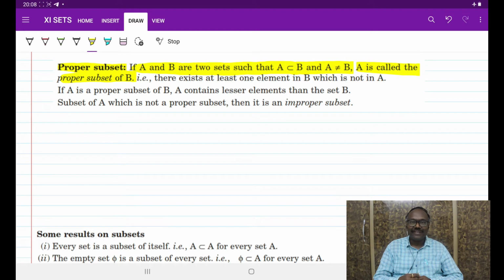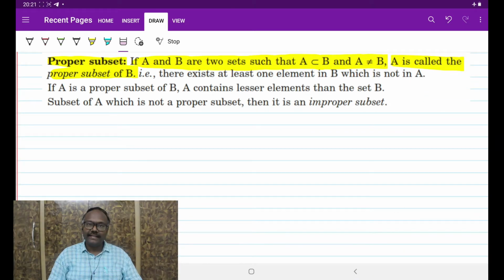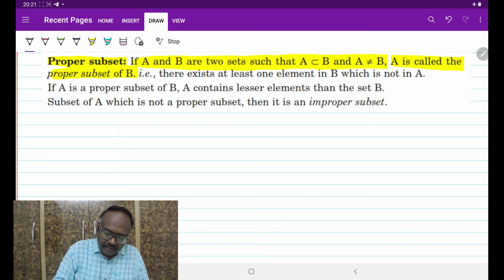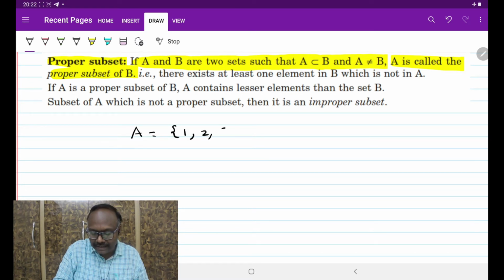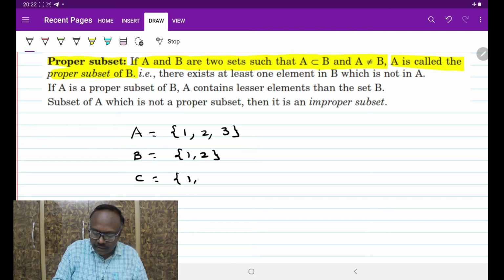So we have seen what a proper subset is and what an improper subset is. Now let us see them with a small example. Let us consider set A equal to {1, 2, 3}, set B equal to {1, 2}, and set C containing 1, 2, 3.